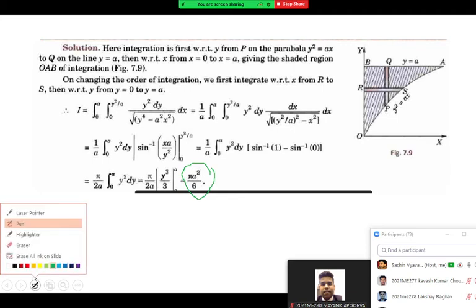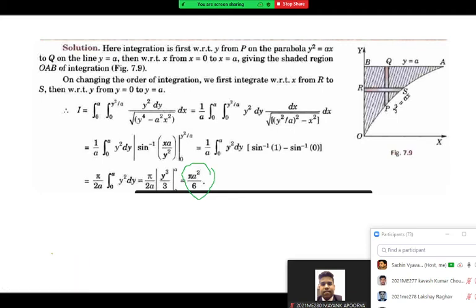In the book, you'll observe in each diagram they're drawing vertical as well as horizontal strip. When they draw the vertical strip, yes, we can cross check whether this is the correct region or not. You'll observe the lower end touches y equal to root x, and the upper end touches y equal to a.